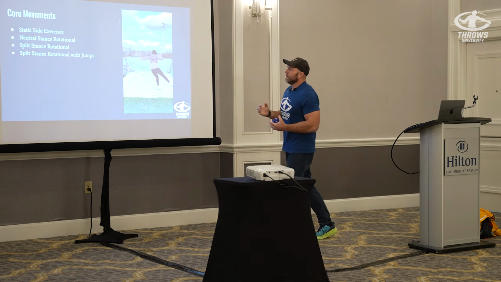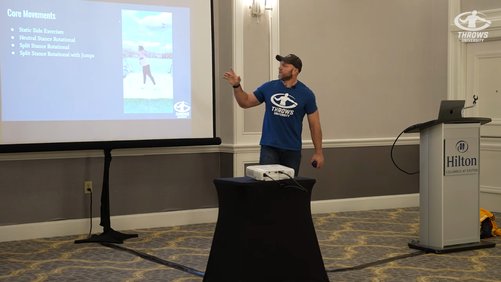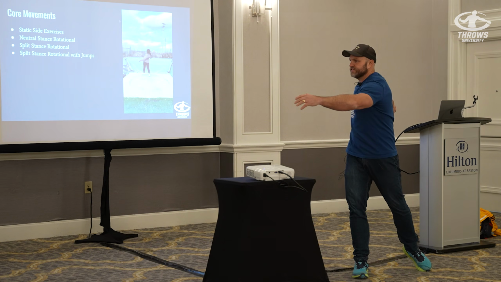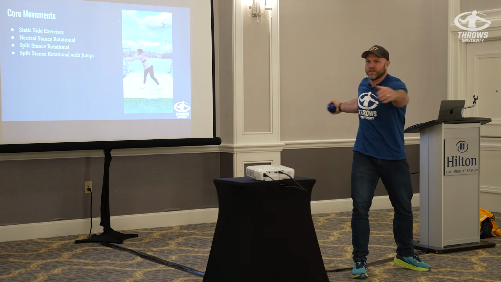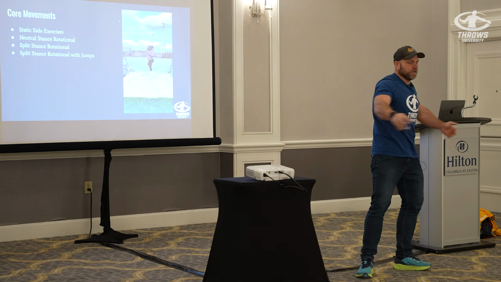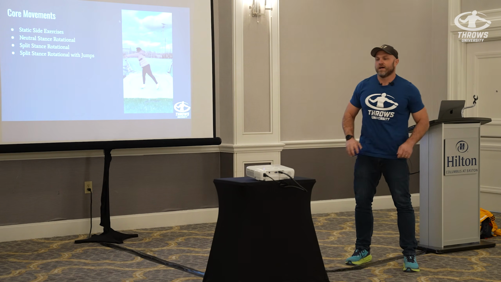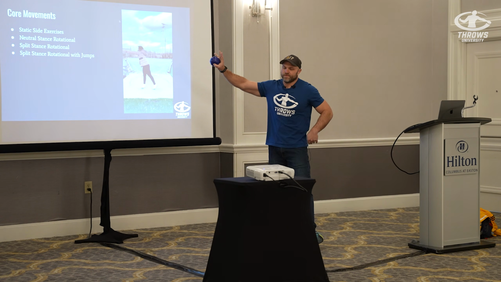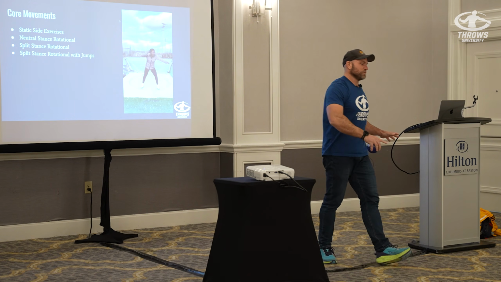So you're going to see basically a static side exercise. This could be a static foot position here, and we're just holding this. You're going to see a neutral stance rotation. Actually, I'm sorry, the neutral stance rotation is what I just showed you.